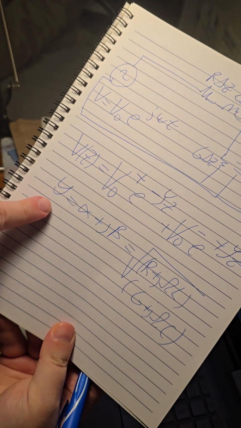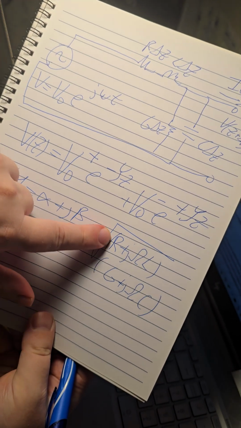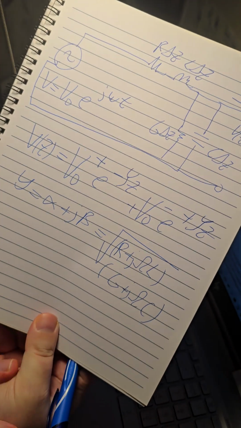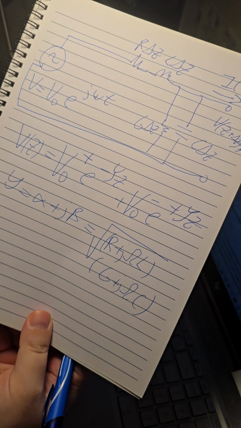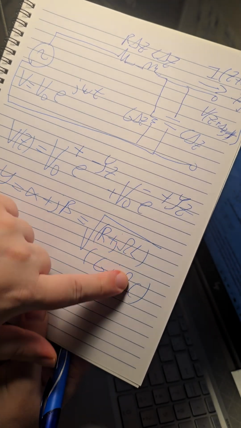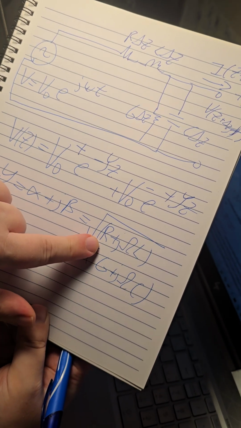So that's the gamma. Gamma is alpha plus j beta, which is the square root of, now this is the natural impedances of the line, the natural characteristics of the line. So the line has a natural inductance and capacitance and a conductance and a resistance.